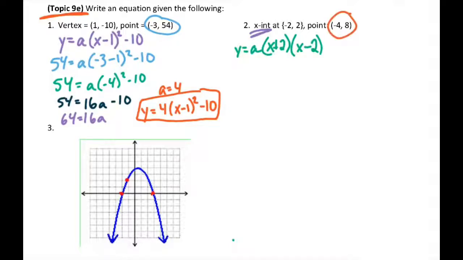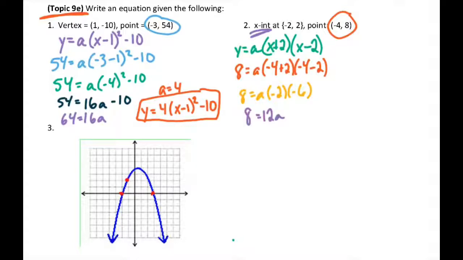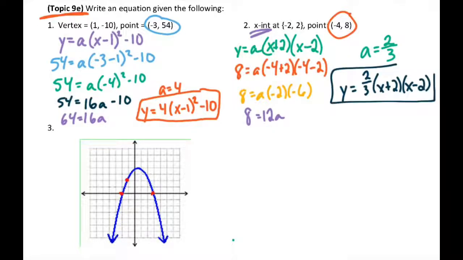And we're going to use this point just like the last one. Plug in y of 8 and plug in x of negative 4 everywhere you see an x, and solve for your a. So a equals 2/3, which means our function is y equals 2/3 times x plus 2 times x minus 2. And that would be the intercept version of this equation.